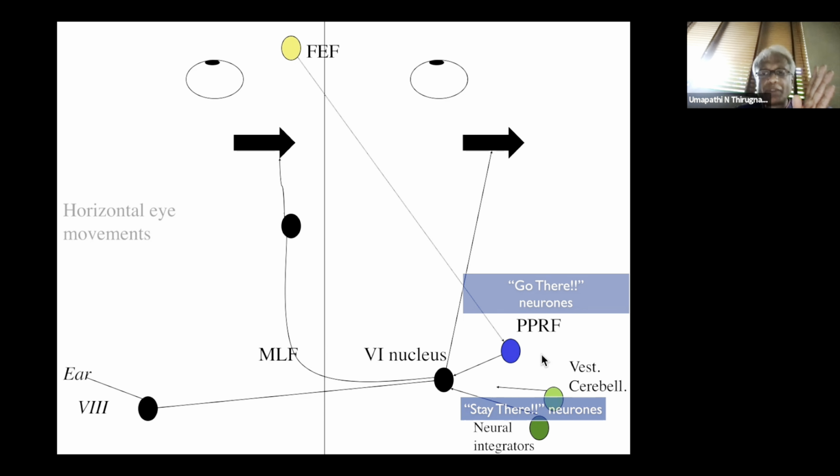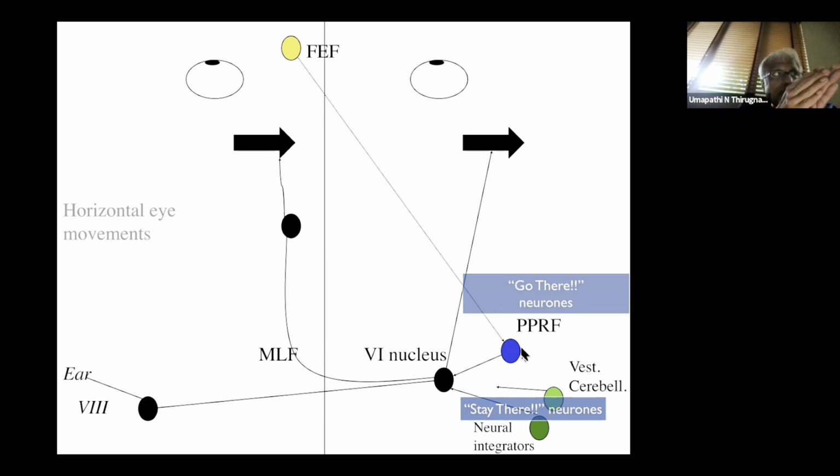For that to happen, your frontal eye fields cannot function on their own. The signal must be converted by this group of neurons called the go there neurons. So my eyes are able to start from zero velocity and accelerate to the maximum. Can you imagine? See how fast it is? So fast, right?